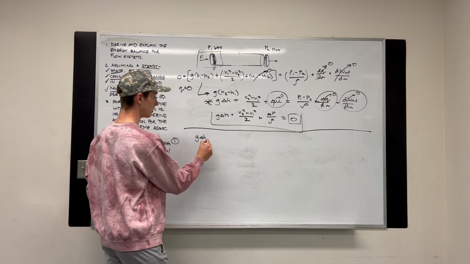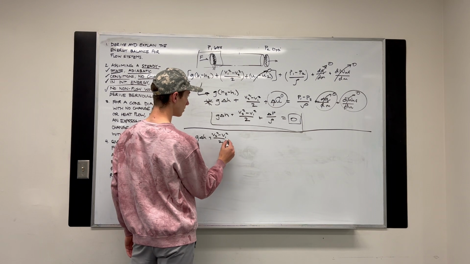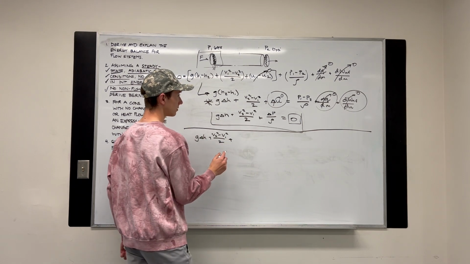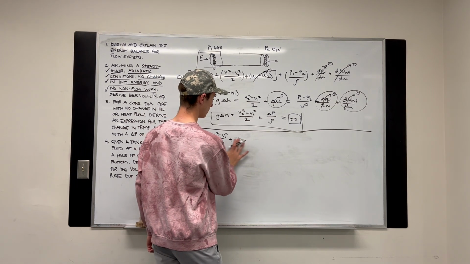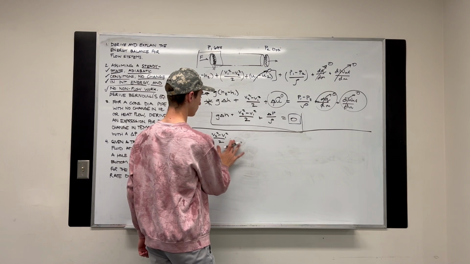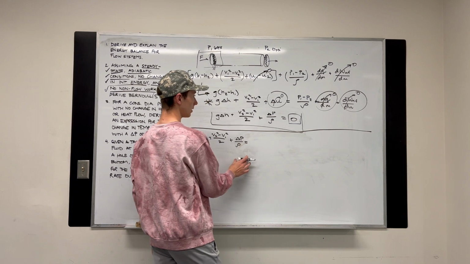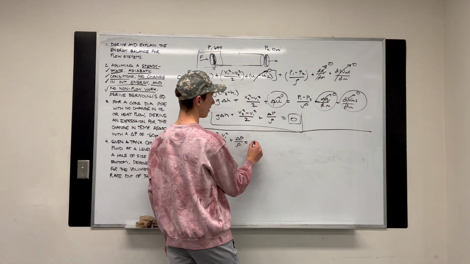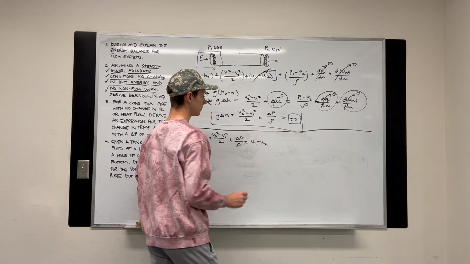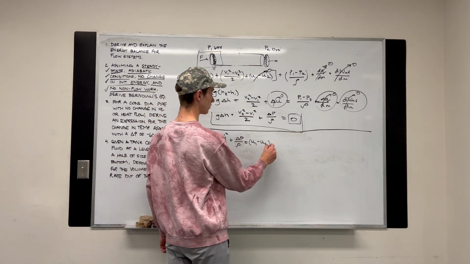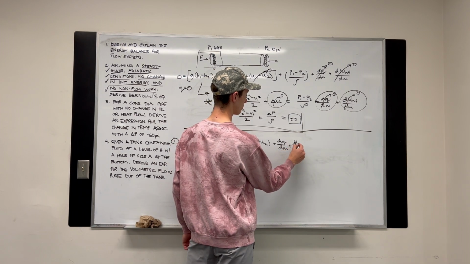So g delta H plus V2 squared minus V1 squared over 2, plus delta P over rho, equals, I'm putting that delta U back on the other side, so we have U1 minus U2 plus dQ plus dW.